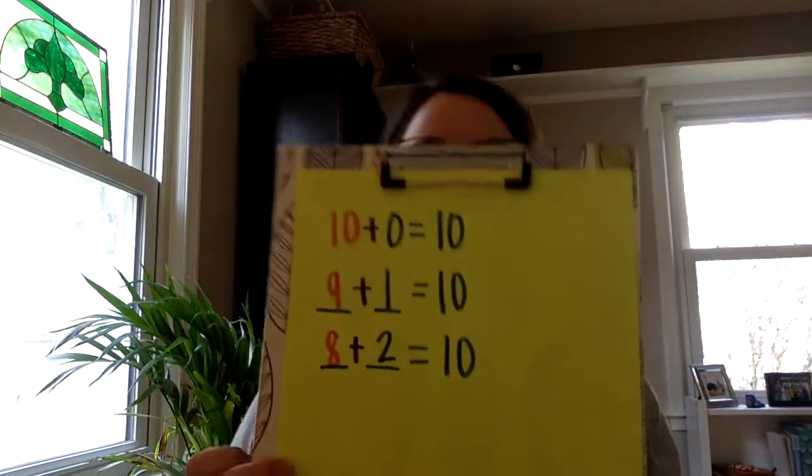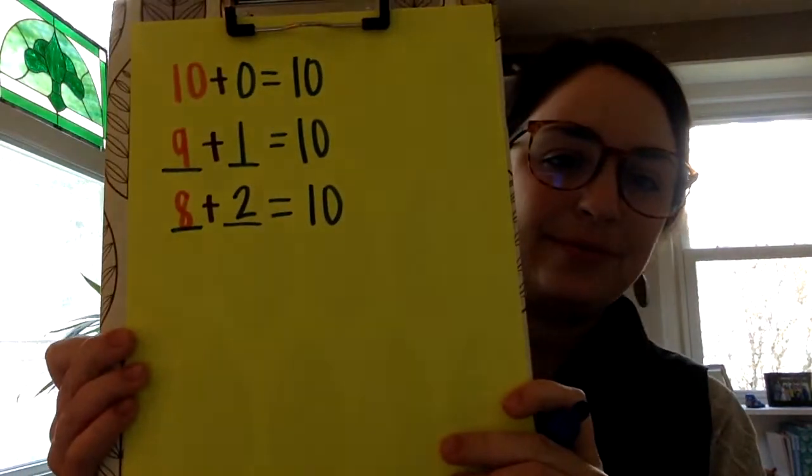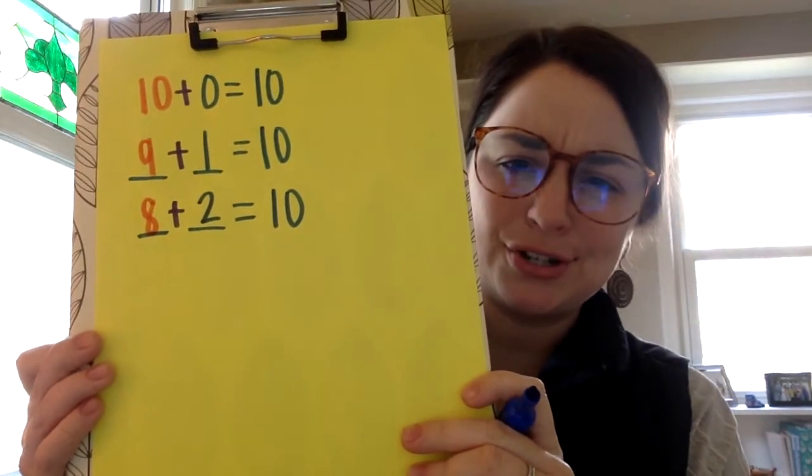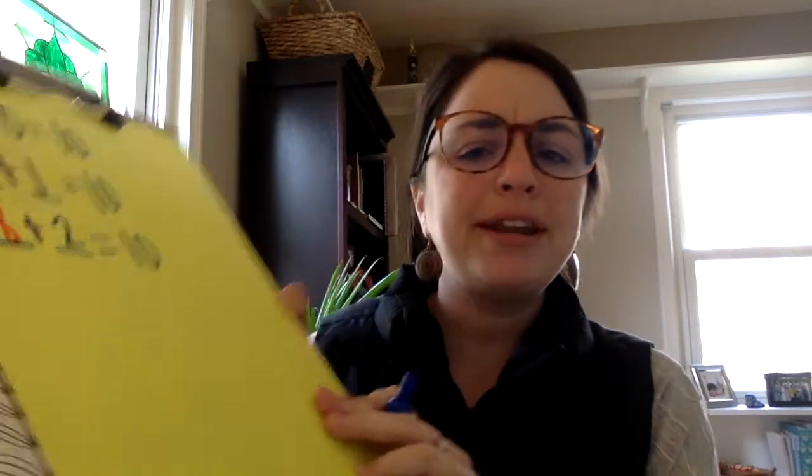Oh, I hope you solved that before I did. 8, and if you didn't, totally fine. 8 plus 2 blues equals 10. Interesting.